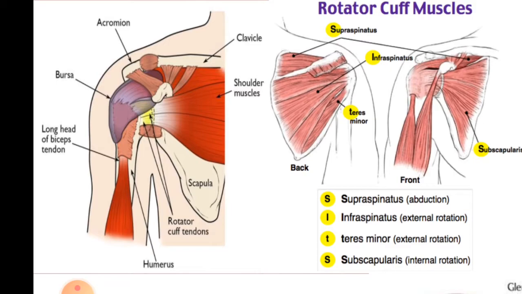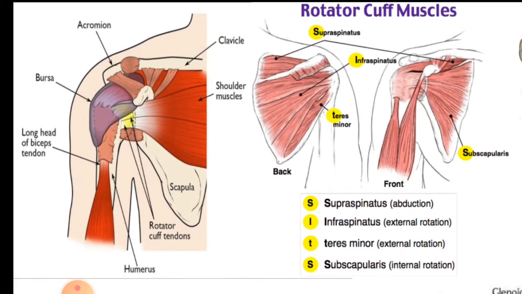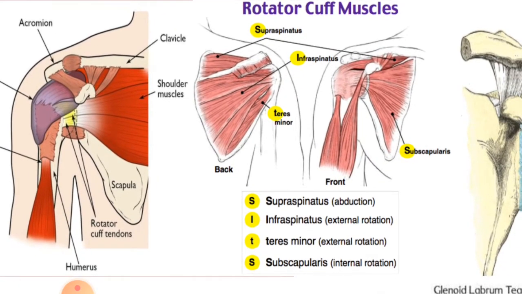Four muscles are involved in this group: the supraspinatus, which is above the spine of the scapula, the infraspinatus, the teres minor, and the subscapularis muscle.